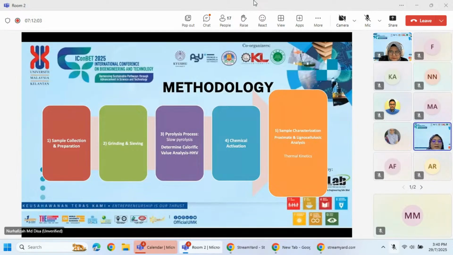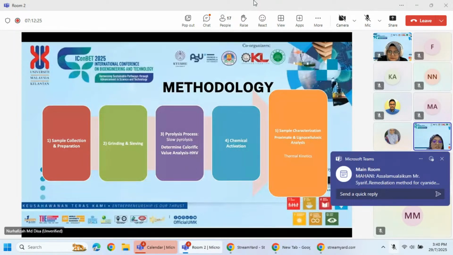In this study, I will use ACQH, ACMA, and ACPO1 as the names of the samples for the activation products. Those samples undergo sample characterization followed by thermal kinetics investigation.